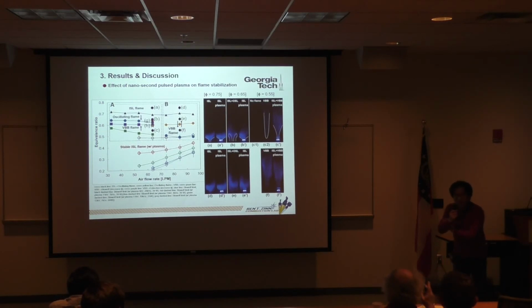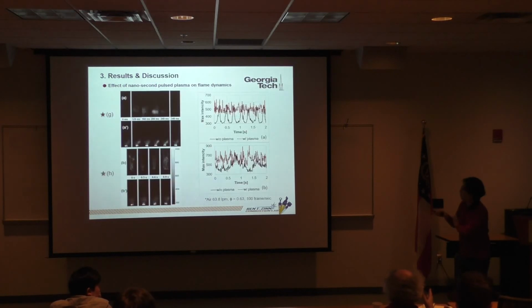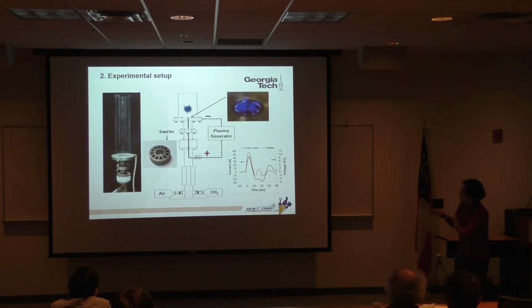Would it make sense to plot, instead of plotting against kilovolt and frequency, the amount of energy that's being put in per second or some other form of energy? Because I'm not sure it's the voltage that's doing it, 5 kilovolt versus 15 kilovolt, but you're depositing a different amount of energy. And maybe plotting energy would shed some more light.